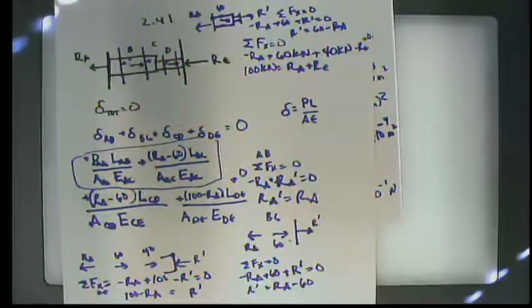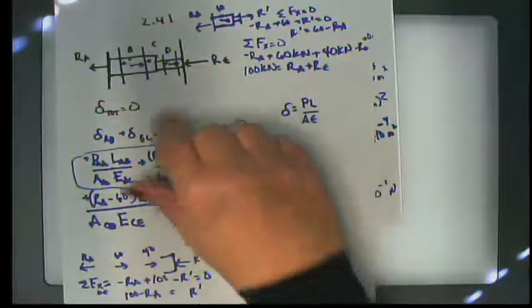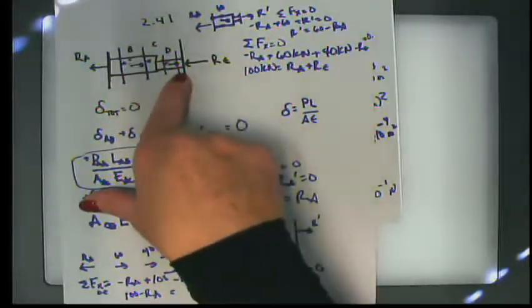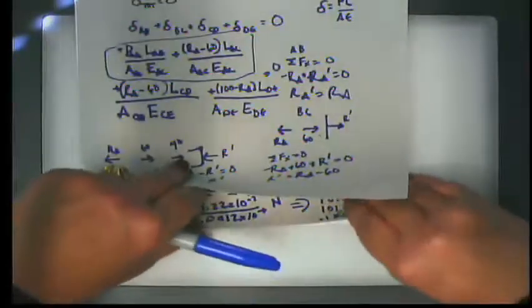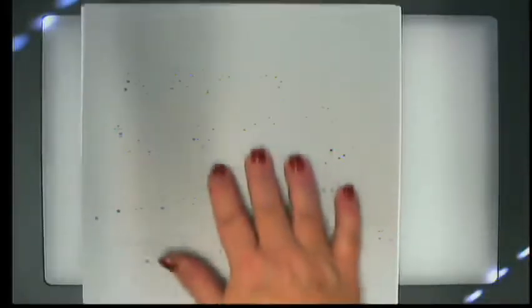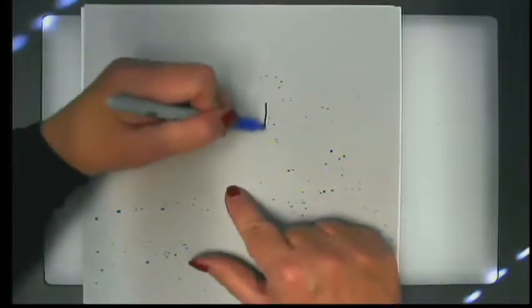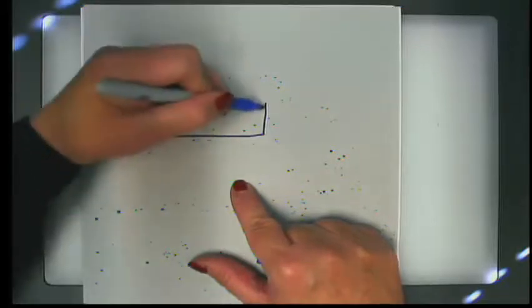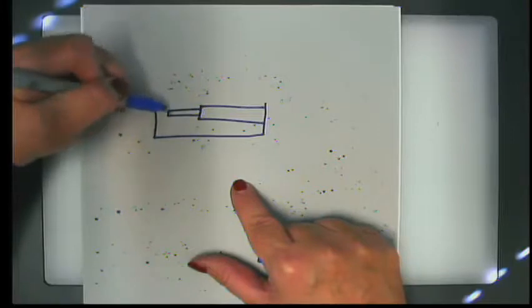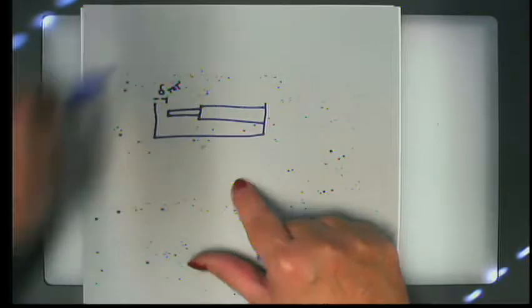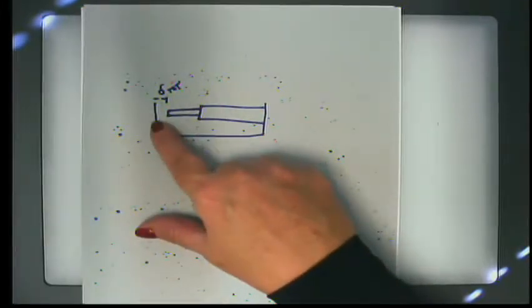So the things that I'd like you to take away for today are that the total deflection is equal to 0 in this case. Now there are some problems where the total deflection is not equal to 0, such as if you look at problem 258, where we have something like this, and if we have a gap right here, that gap is going to be our del total, isn't it, if this thing expands clear to the end.